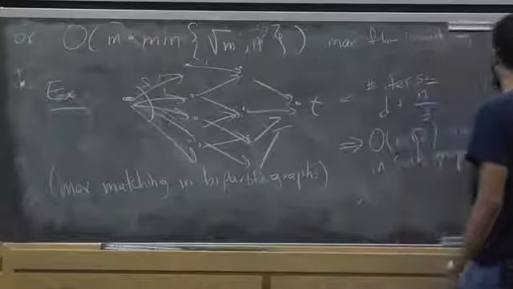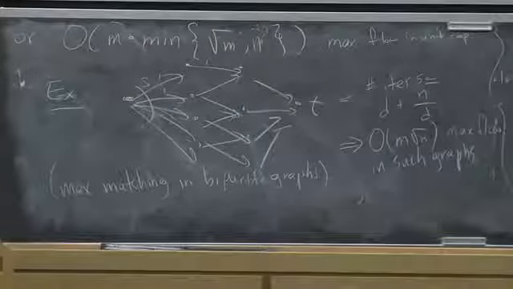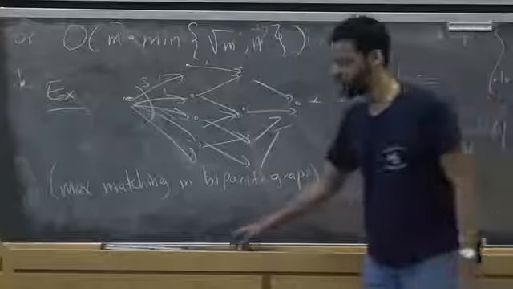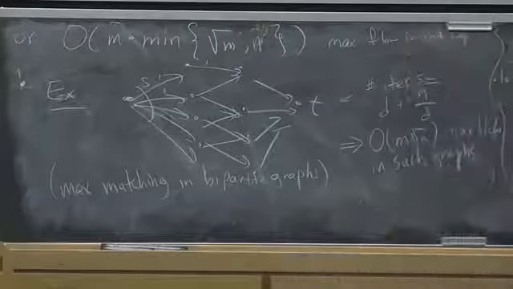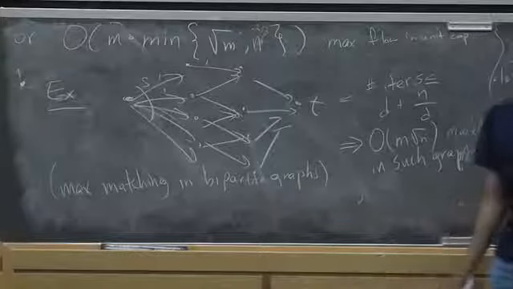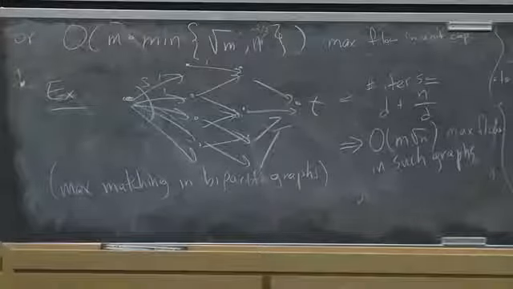So in particular, you can find max matching in bipartite graphs in time m root n. If you just used Ford-Fulkerson, F star is as big as n, so you get mn, but you can actually get m root n using blocking flows.